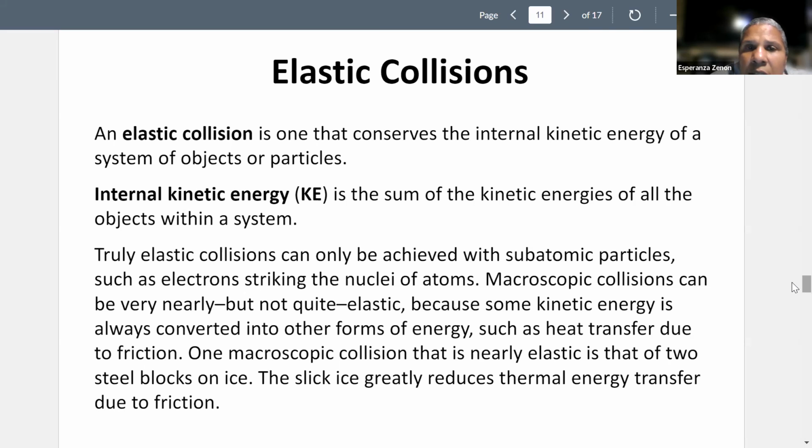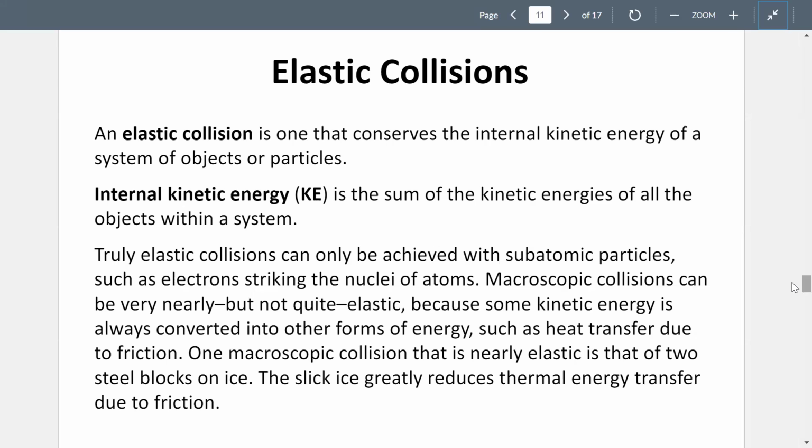So the objects for an elastic collision, the momentum is conserved, the kinetic energy is conserved, and the objects bounce off of each other when they collide. So imagine a pool table where you're playing a game of pool, you know, 8-ball in the corner pocket type pool. When the balls hit each other, they bounce off of each other. That's an example of an elastic collision. In that isolated system of the balls on the pool table, momentum is conserved, kinetic energy is conserved, and the objects bounce off of each other.